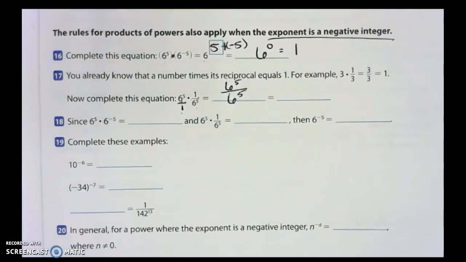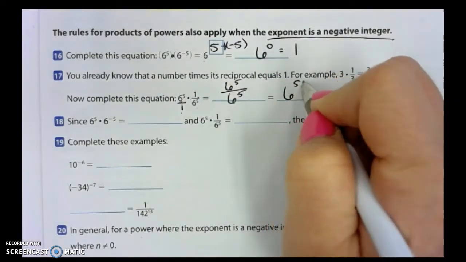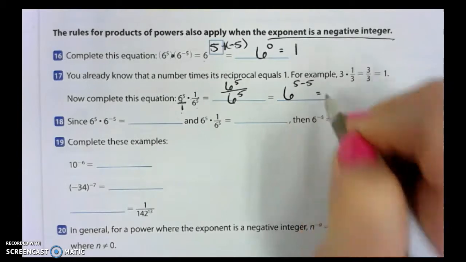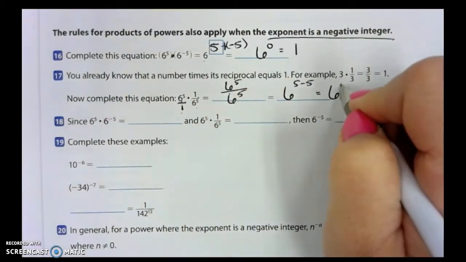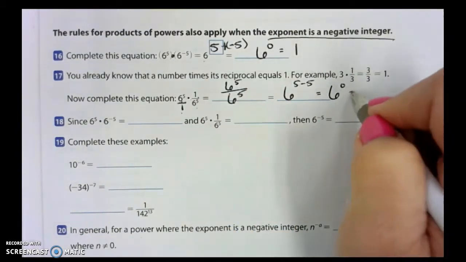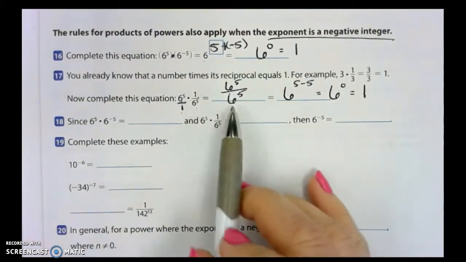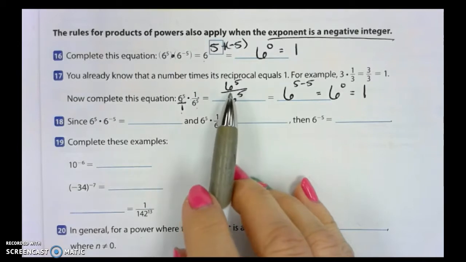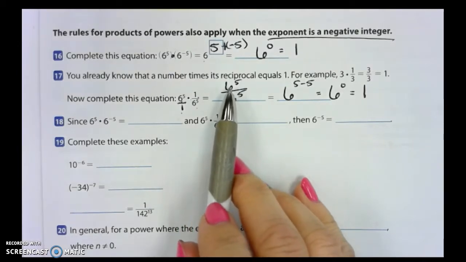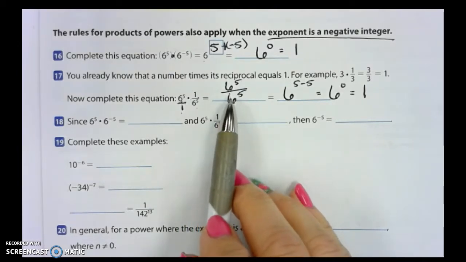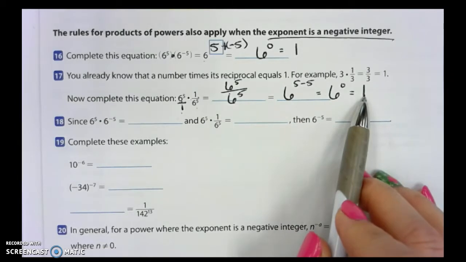Now this is a quotient rule where you would keep the base and you would subtract those exponents, which would end up giving you 6 to the 0, which would again give you 1. Now what they were going for was for you to notice if I have 5 factors of 6 and I divide that by 5 factors of 6, they are all going to cancel, leaving me with just 1.